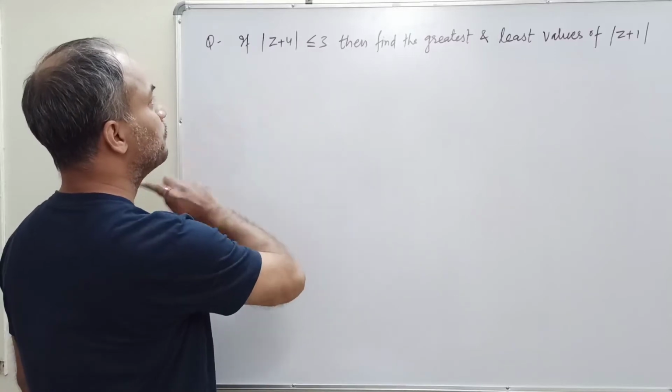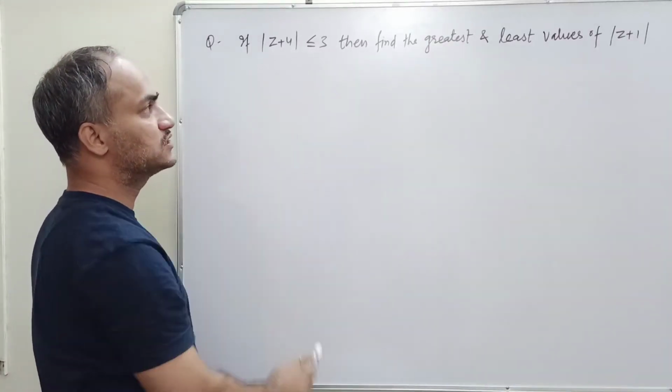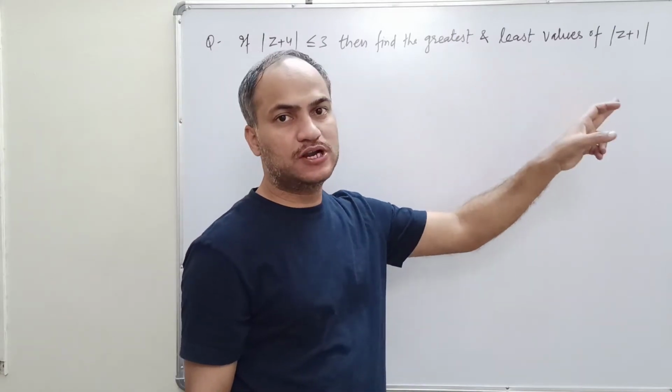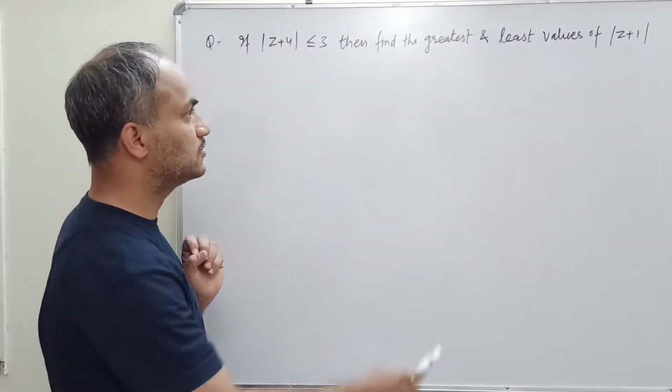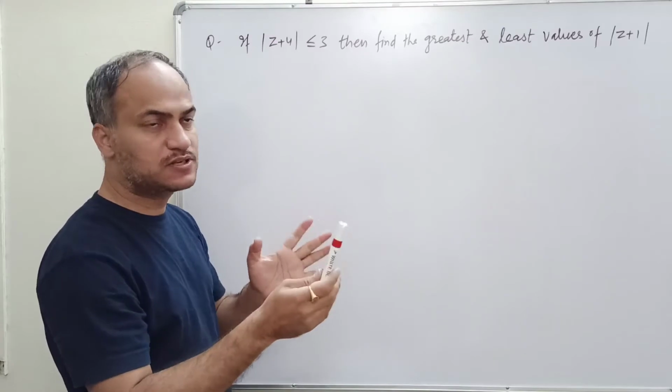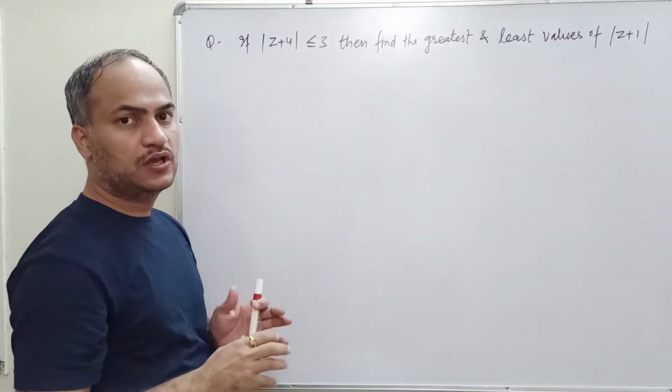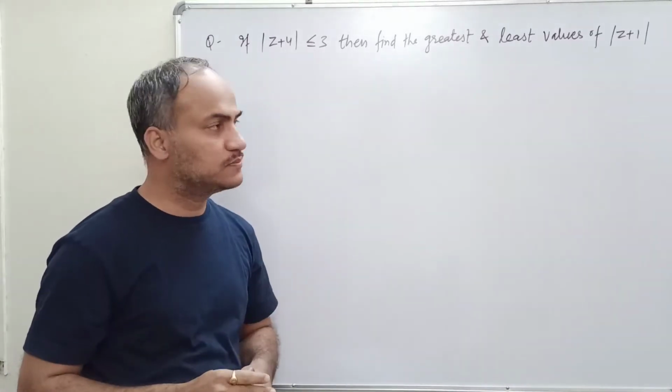In this question, this expression is given to us and we have to find the greatest and least values of modulus z plus 1. Okay, that is a different term, modulus z plus 1. It is a different term, modulus z plus 4. And now we have to do something.